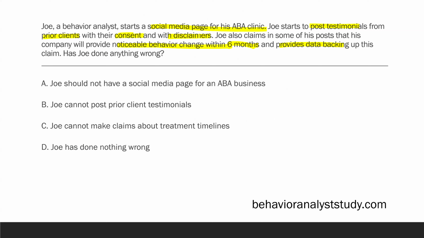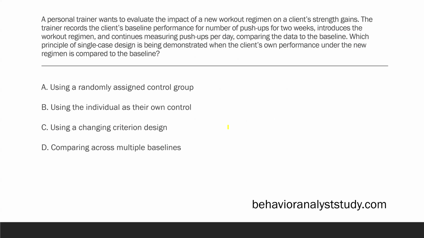That's fine. C, Joe cannot make claims about treatment timelines. We should not make claims about treatment timelines. They're potentially misleading and potentially misrepresent our business as ABA professionals and behavior analysts themselves. D, Joe has done nothing wrong. Well, Joe shouldn't be making claims about treatment timelines.